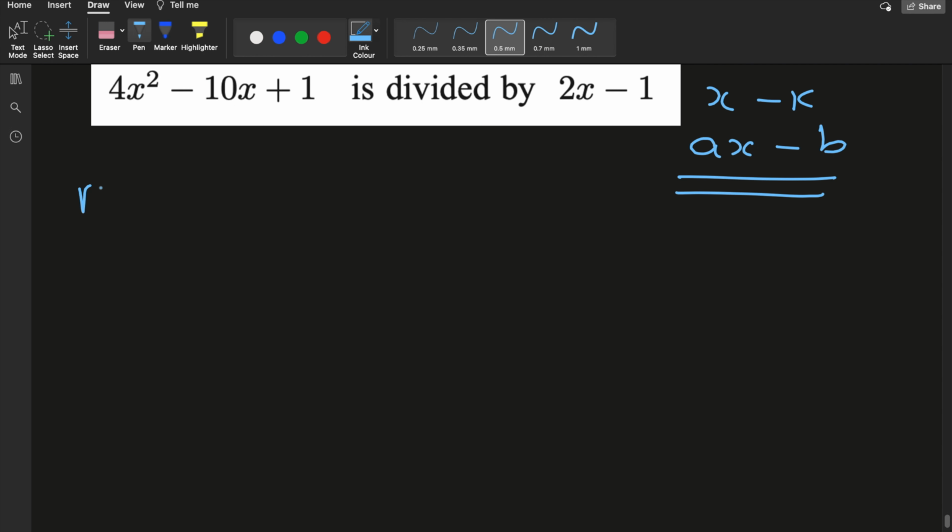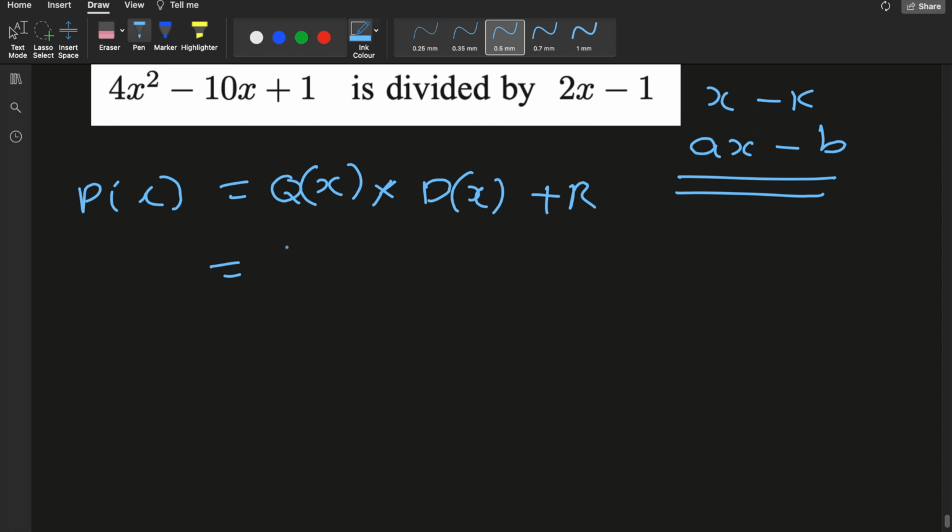So we know that p of x equals q of x into the divisor plus r. So in this case, let's substitute the divisor as ax minus b. So q of x into ax minus b plus r.